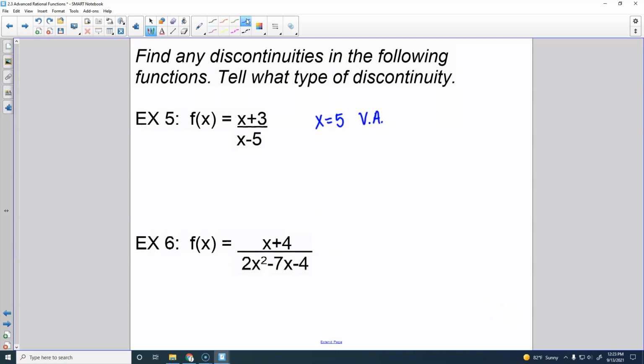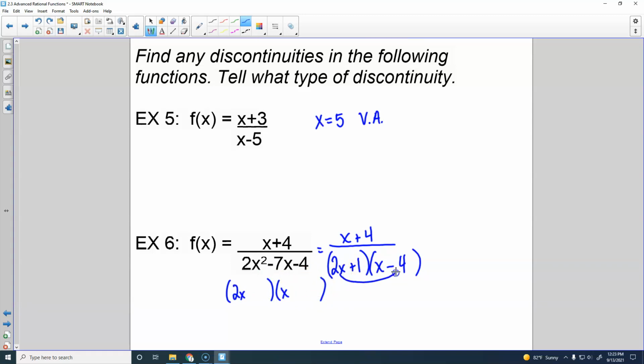All right, number 6 is a little tougher to factor that denominator. Somebody tell me what they got when they factored that denominator. 2x plus 1 and x minus 4. That one's tougher because you got to do the 2x and the x, and then you got to do a little guess and check there.